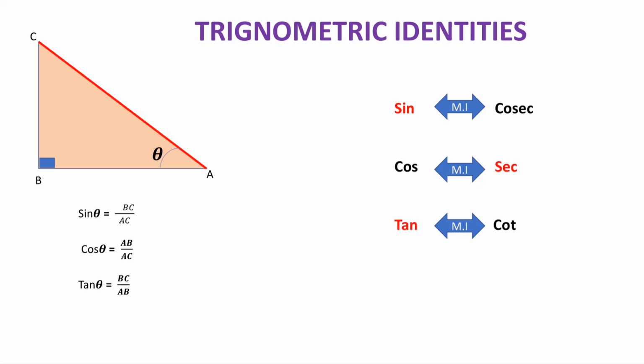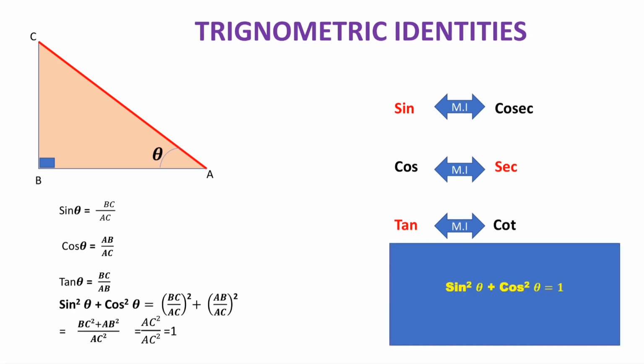The first one is sin square theta plus cos square theta. Sin square theta can be represented as BC by AC whole square, and cos square theta as AB by AC whole square. Since the denominator is the same, AC square, we can write it as BC square plus AB square by AC square.